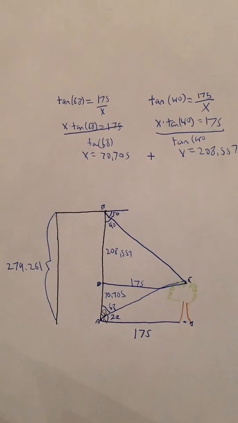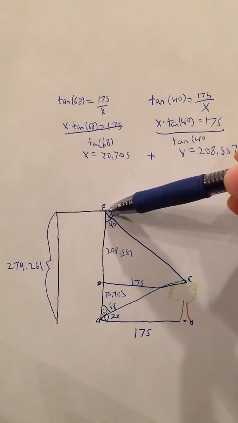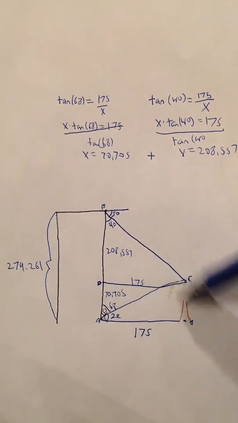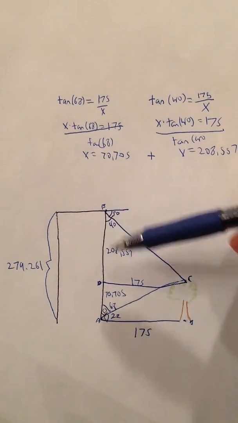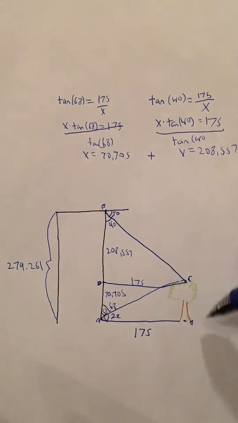Now, to check the validity of the answer, I used inverse tangent to find the angle from E to B, so that you had the triangle AEB.